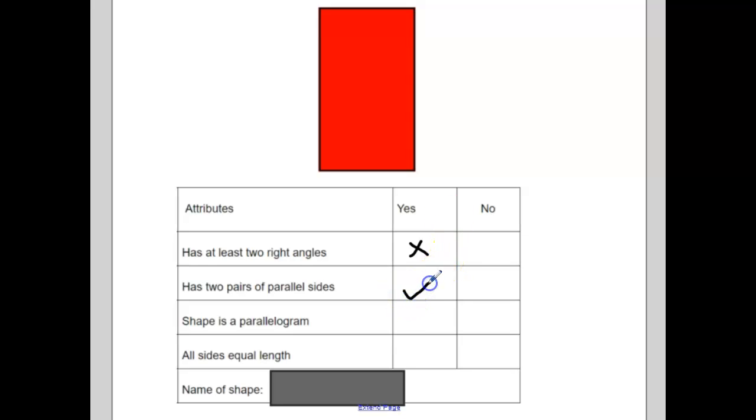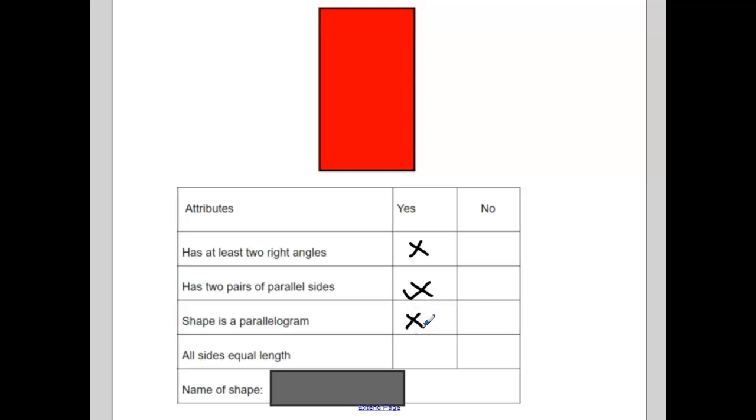The next question. It says, is the shape a parallelogram? Boys and girls, is the shape a parallelogram? Absolutely. The attribute above states that it has 2 pairs of parallel sides, and we know the name of a shape with 2 pairs of parallel sides is in fact a parallelogram.